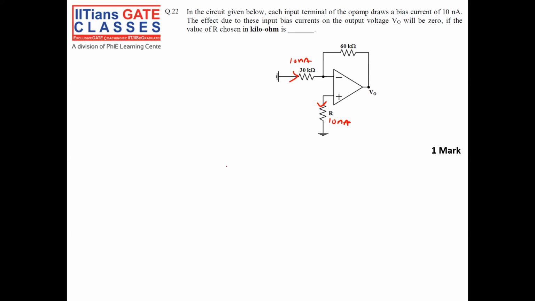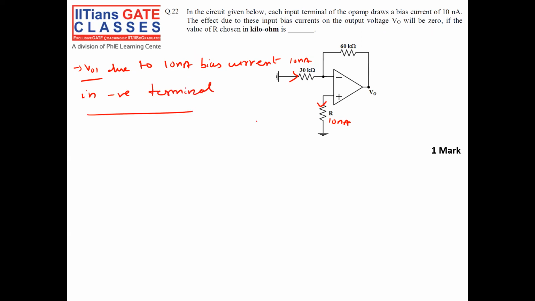First, let us calculate V01 due to the 10 nanoampere I bias current in the negative terminal. I am assuming the current is only in the negative terminal, not in the positive terminal. In that case, what is the output voltage?